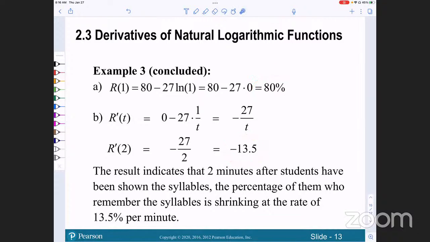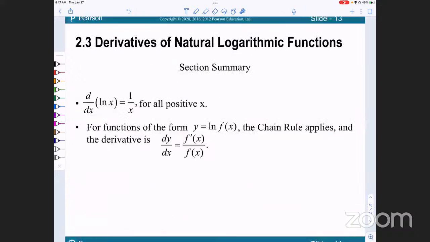So this result indicates that 2 minutes after the students have been shown the syllables, the percent of them who remember the syllables is shrinking at a rate of, okay, so I think I missed a little bit. It's shrinking at a rate of 13.5% per minute. Okay, that's fine. All right.